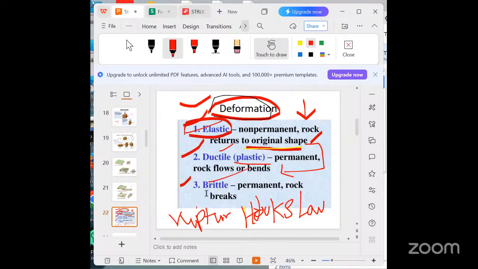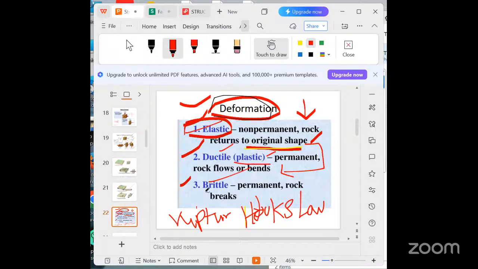And the third one is brittle. Brittle substances are those that rupture before any significant plastic deformation takes place, right? Ductile substances are those that undergo a large plastic deformation before rupture.